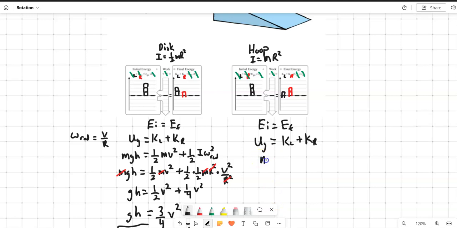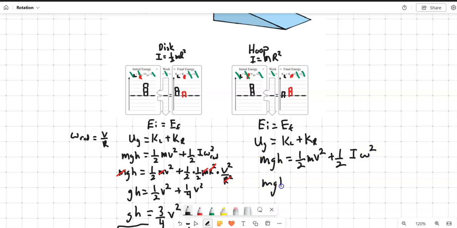Potential energy due to gravity is going to be equal to mgh. The linear kinetic energy is 1/2 mv squared. Again, they both have the same masses. And the rotational kinetic energy is going to be 1/2 times the moment of inertia for this times omega squared.